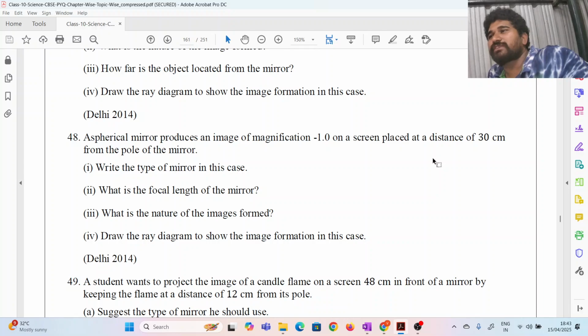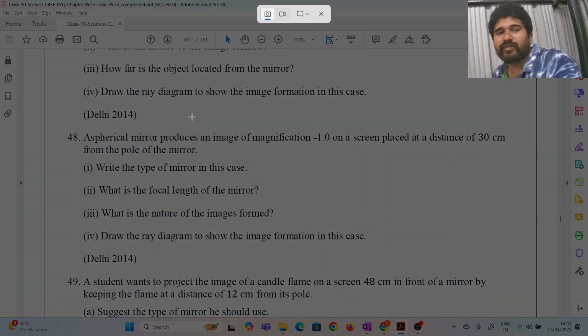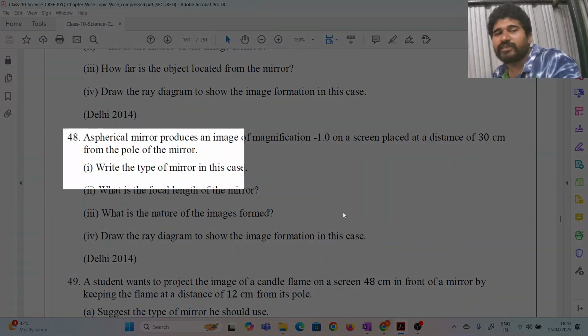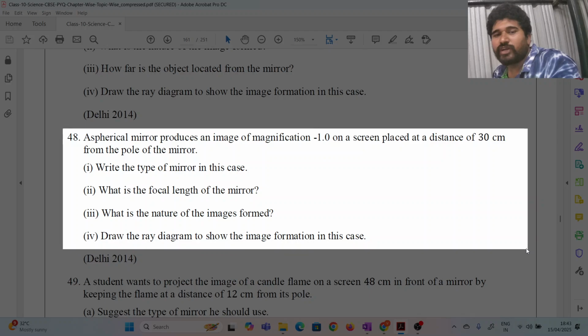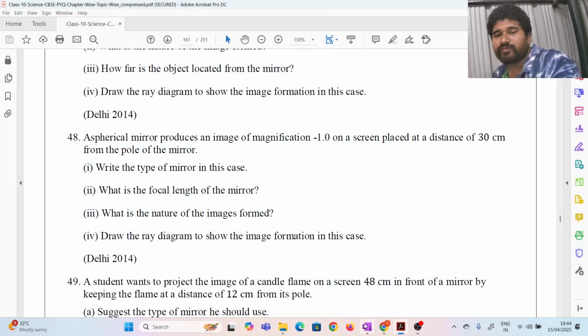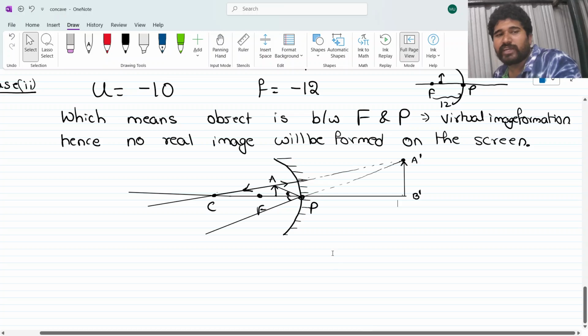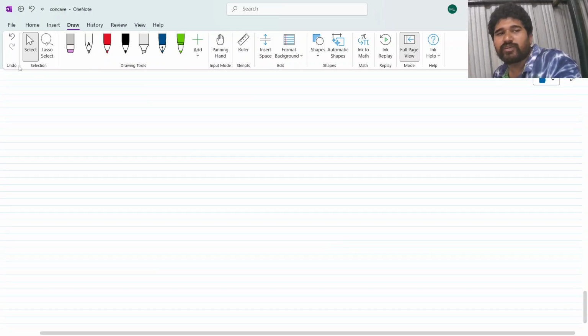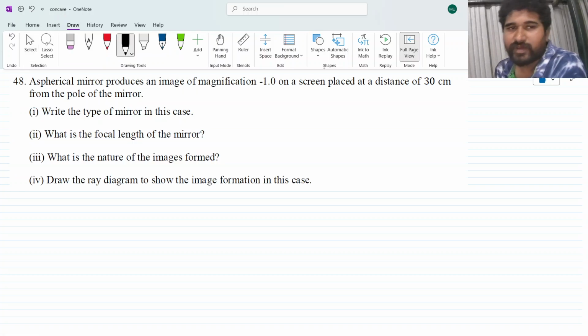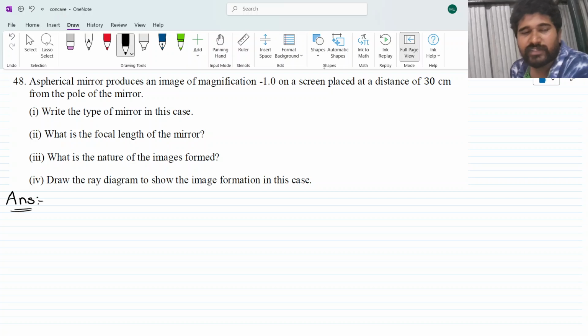Concave or convex? How are you confirming it? Magnification is negative. So, what can you conclude there? But you have to write a conclusion, right? What conclusion you will write? What is the answer you will make for the first question?